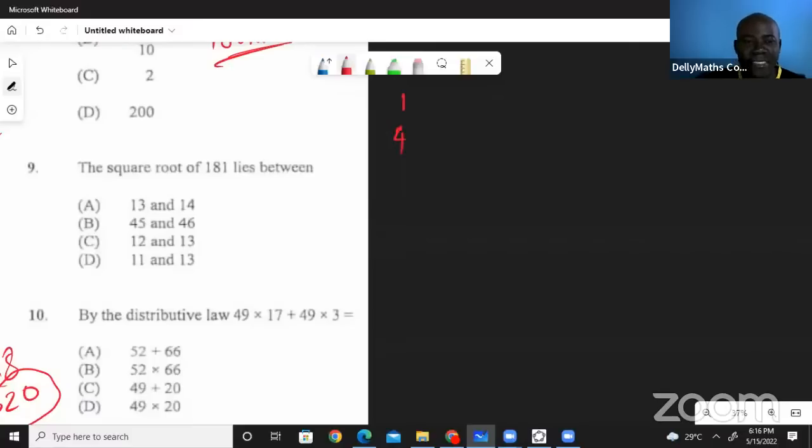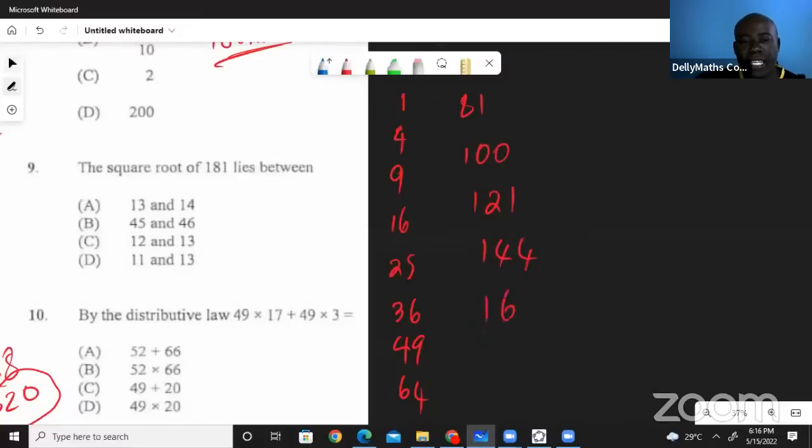You understand? 3 times 3, 9, 16, 25. You want to know these so much that you can actually get some things. 11 gives us that, 12 gives us that, 13 gives us that, 14 gives us that. So right now I'm seeing this is the 13 and that is the 14 square there.